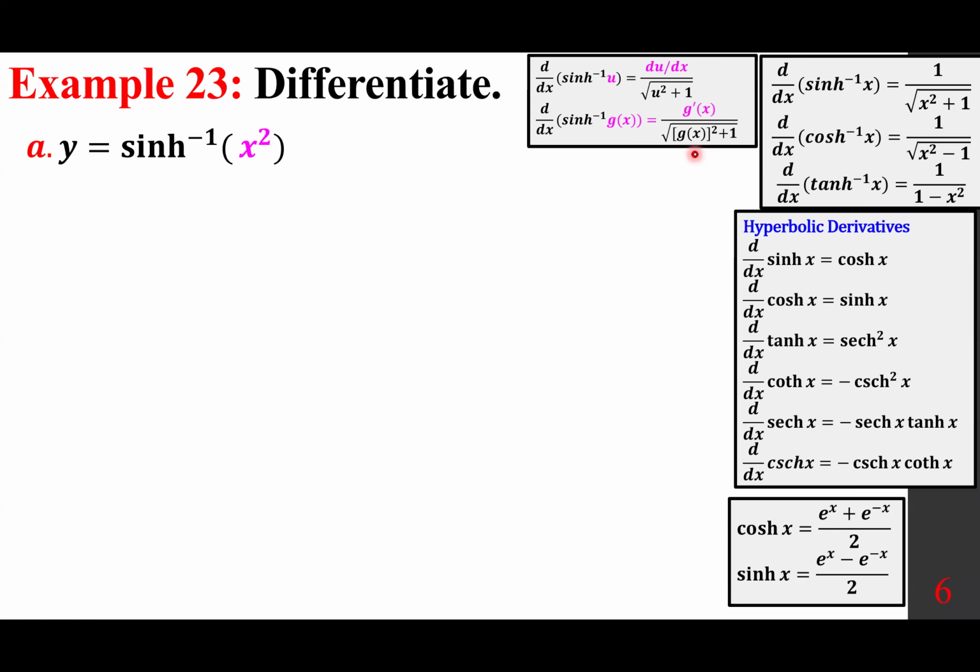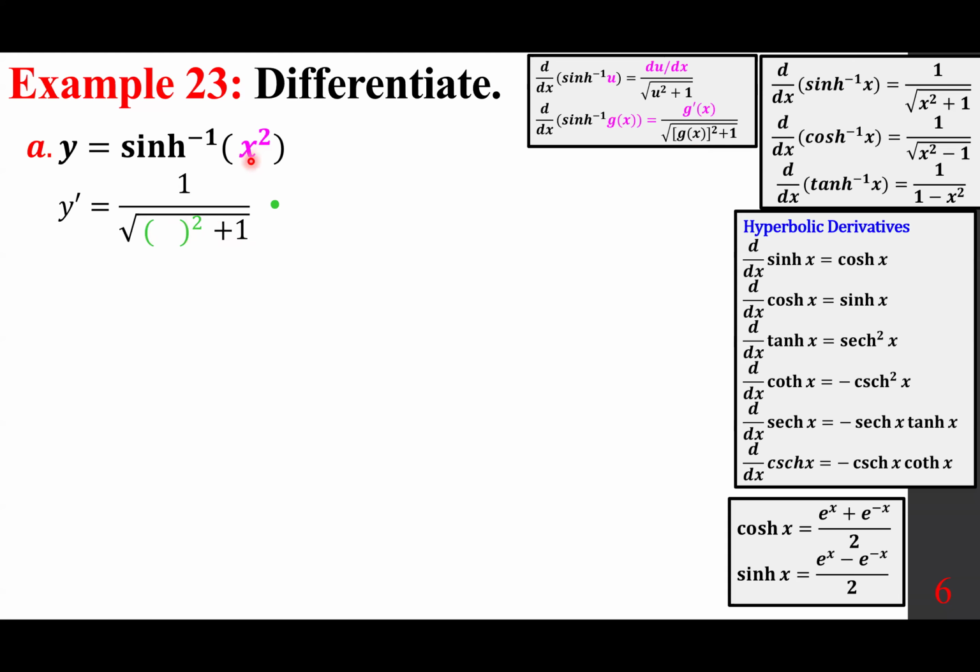So with that being the case, we are going to rewrite it in this fashion, 1 over the square root of something plus 1, okay? And that has to be squared up. So what goes in here?